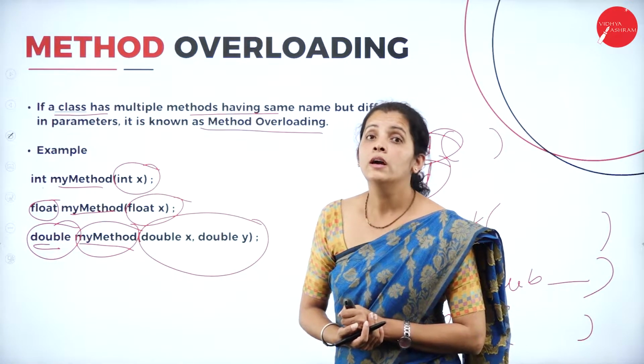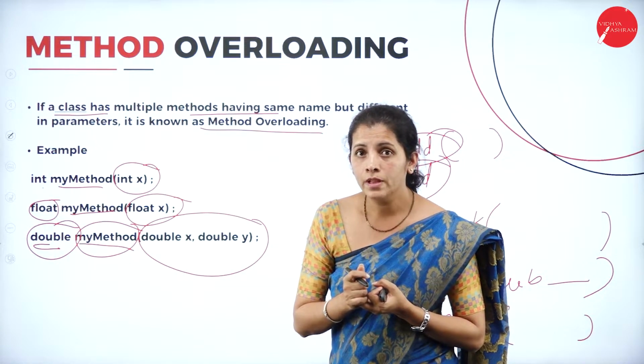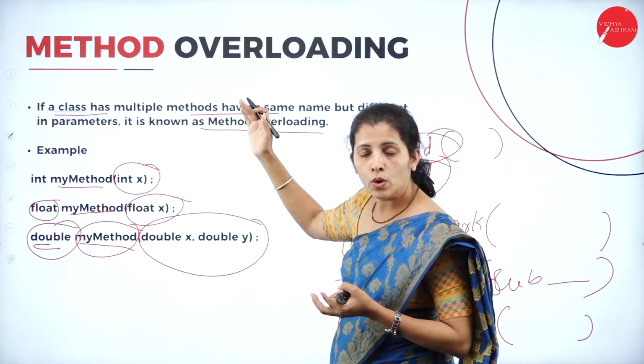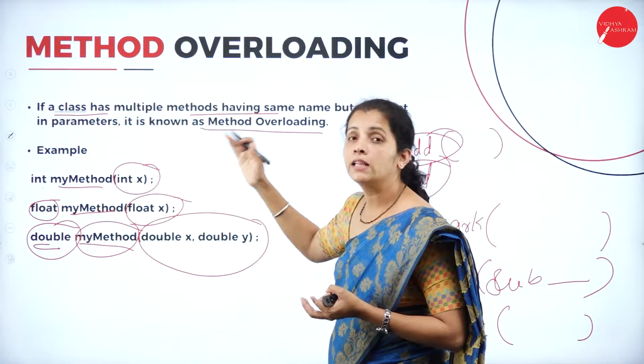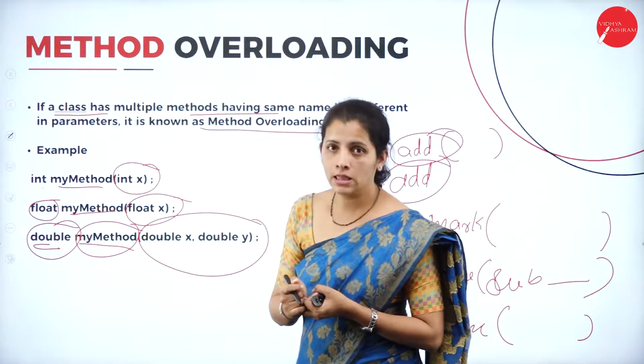And how is it going to execute? What's the job of the compiler? When we include method overloading in our program, at the beginning, the compiler is going to check the method name.